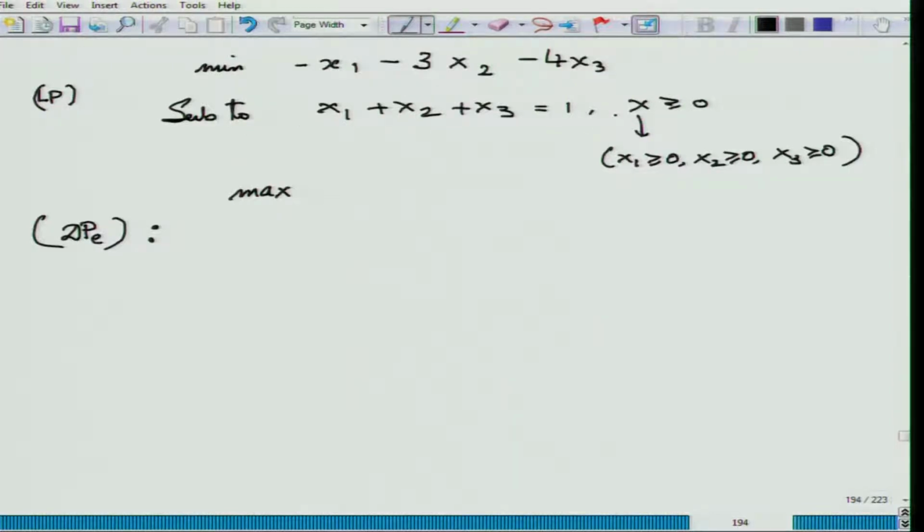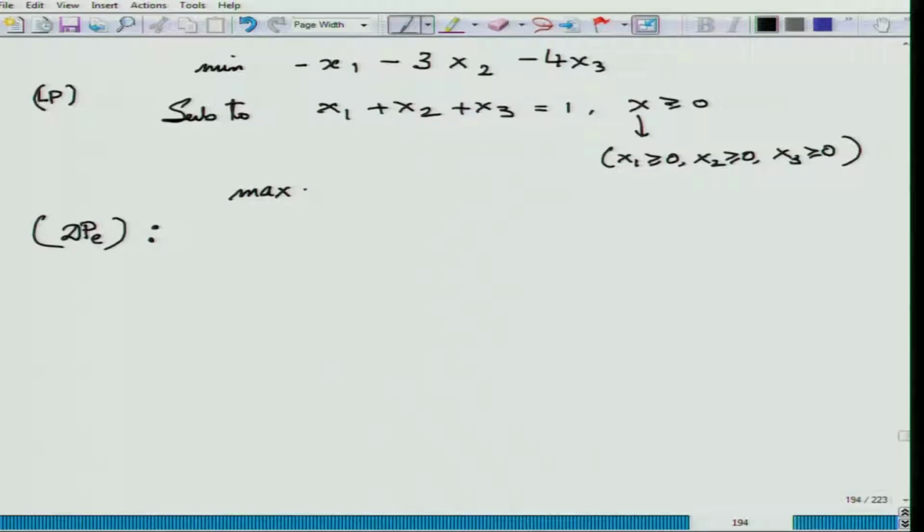So, the number of dual variables equals the number of equality constraints. So, we will have max of y subject to A transpose y plus S equal to C. So, there will be 3 such equations plus 3 such C's here.